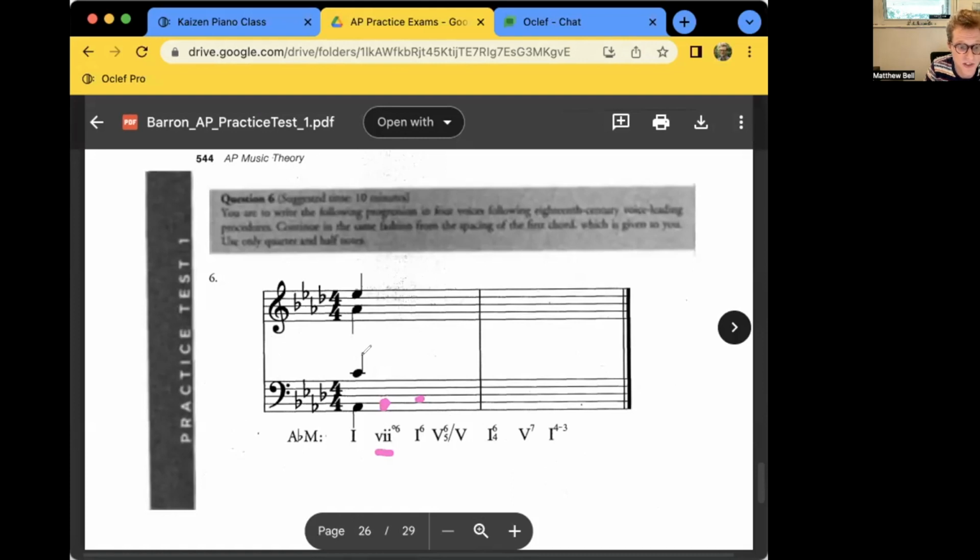We've got the 7 diminished 6, so I'm looking for my do ti do voice, which will be right here because this started on A flat. And our 5-4-3 voice, we started on 5 here, 5-4-3. And then our tenor, who we have starting on 3, this is the voice exchange voice, so 3-2-1.